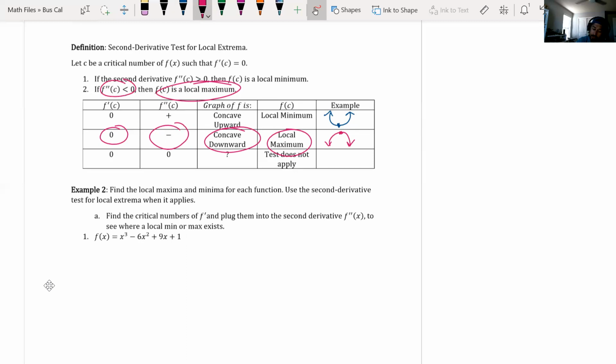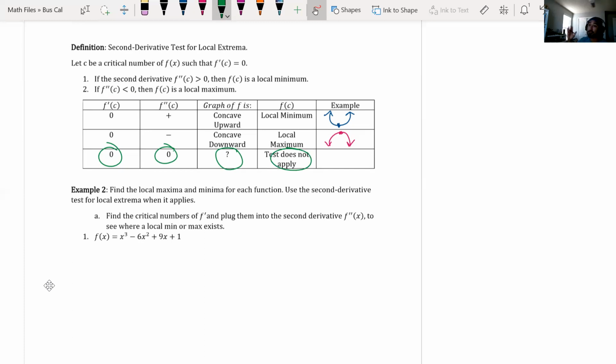Now let's say we find our critical number, but when we plug it into the second derivative, we get 0 as a result. Well, 0 is neither positive nor negative. 0 gives us no information. This means we have no idea what the graph looks like, which means the test does not apply.